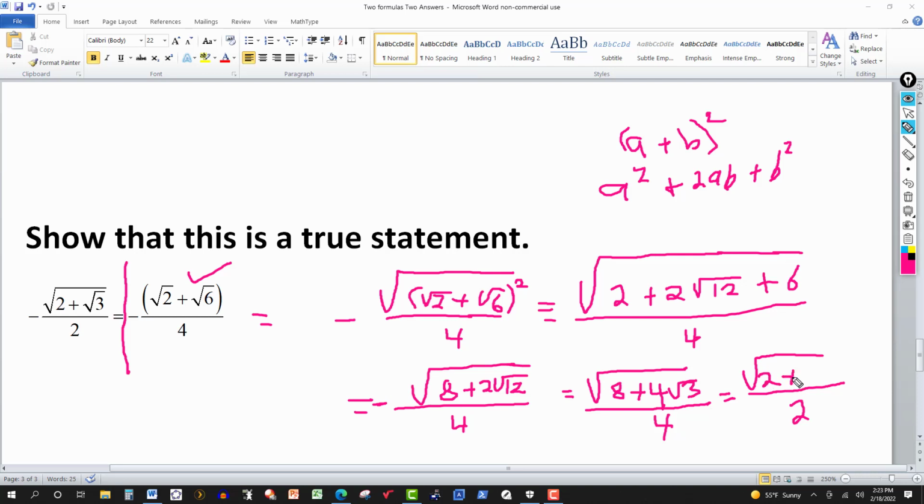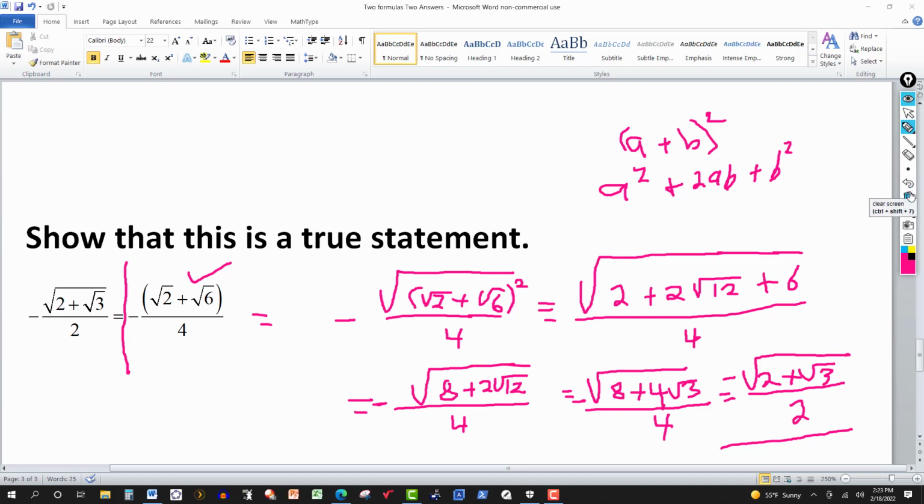Plus, and of course I factored the 4 out of radical 3 there, so that left me with radical 3. And there we have it. And of course I have the minus sign here, carried all the way through. And there you have it. The answers are equivalent. Just an exercise in a little bit of algebra.